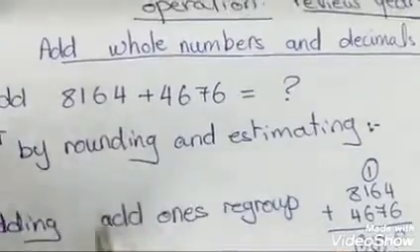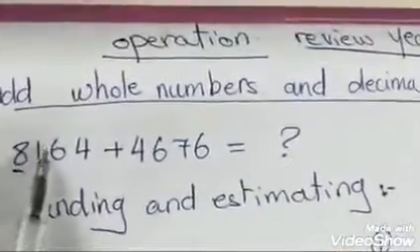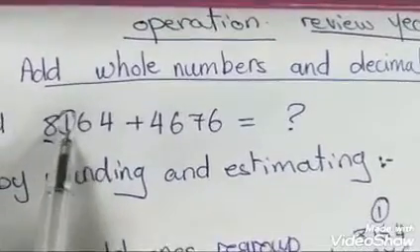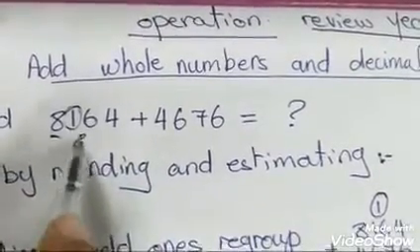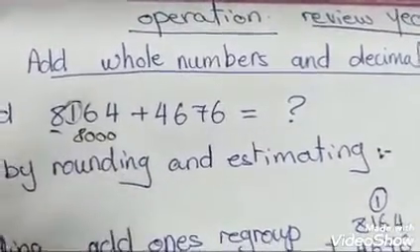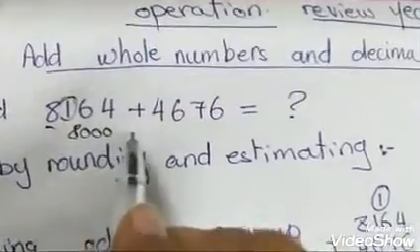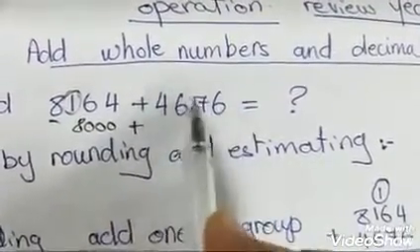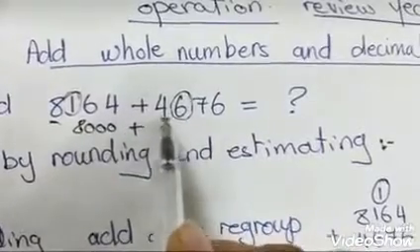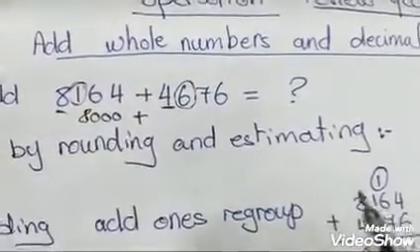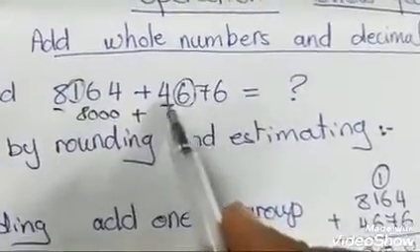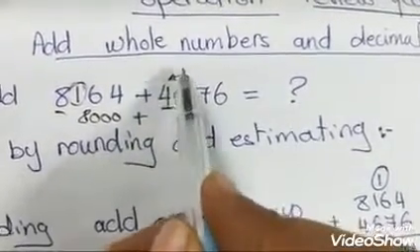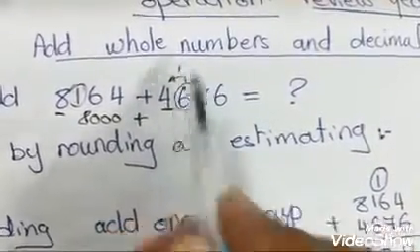8,164. For the thousand, I will look at the 1, the next digit to the right. It's 1, a poor number, so this number will be 8,000, plus 4,676. I will look at 6 to round this number to the nearest thousand. 6 is a rich number, so this one will be increased by 1.